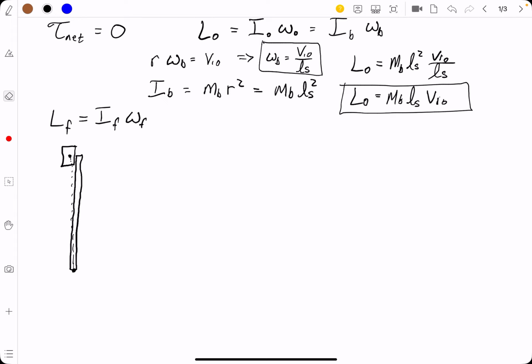Secondly, we are now attached. We're attached right there. So I can just do a point mass and get rid of all this other stuff. Can I do it?